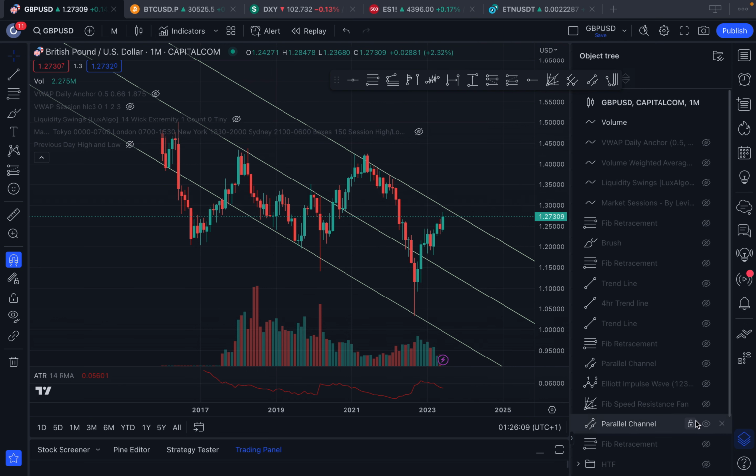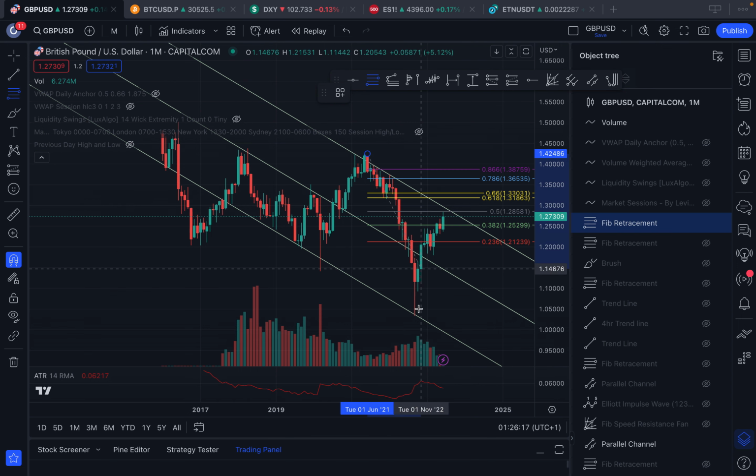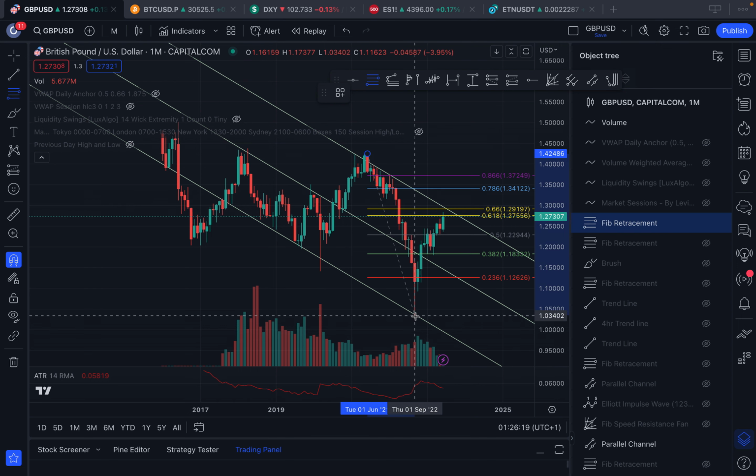And then if we look at the Fibonacci retracement for the high level value, going all the way from here to here, as you can see, we've hit the 618 but not the 66, and this level again is really strong resistance. So it's coming up as a 1.29170.